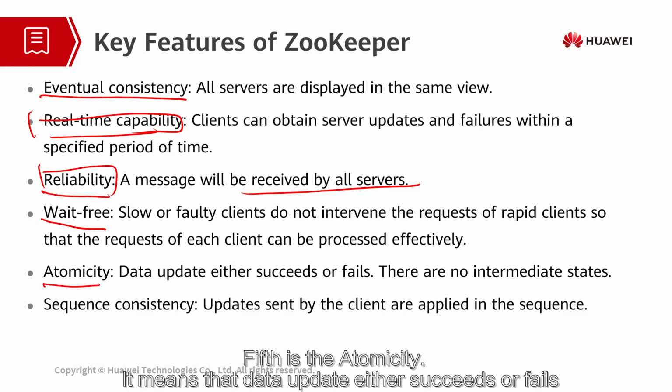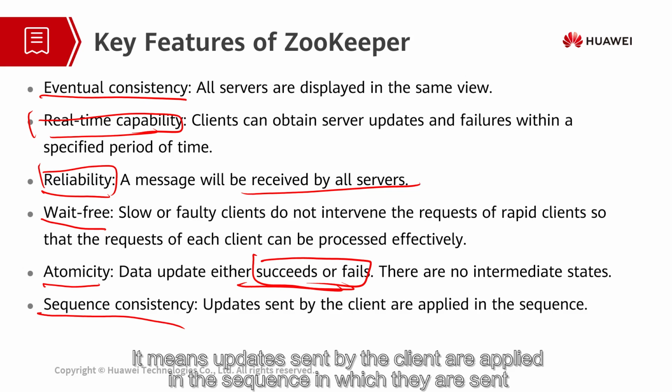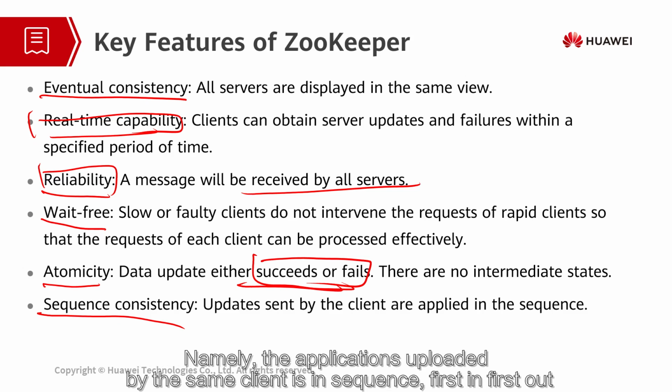Fifth is atomicity. It means that a data update either succeeds or fails. There are no intermediate states. Last is the sequence consistency. It means updates sent by the client are applied in the sequence in which they are sent. Namely, the updates uploaded by the same client are in sequence, first in, first out.